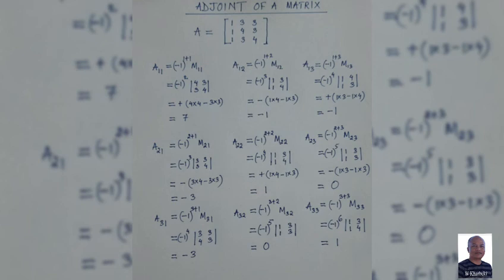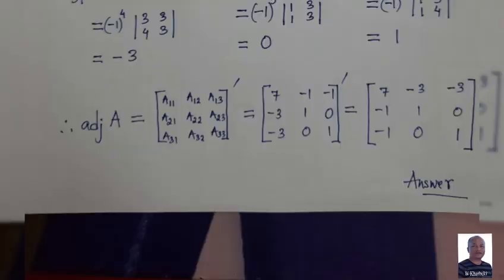Now in the next line, let us see how to get the adjoint of the given matrix. The adjoint of the given matrix A is actually the transpose of the matrix of all those cofactors.